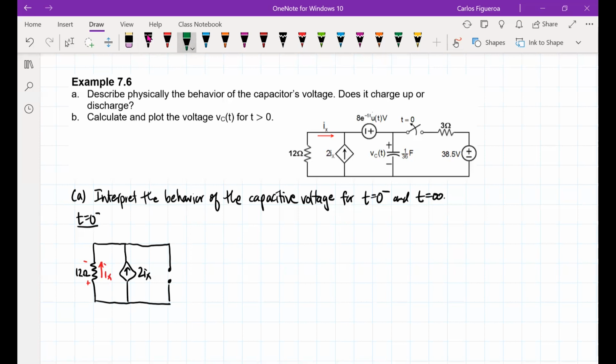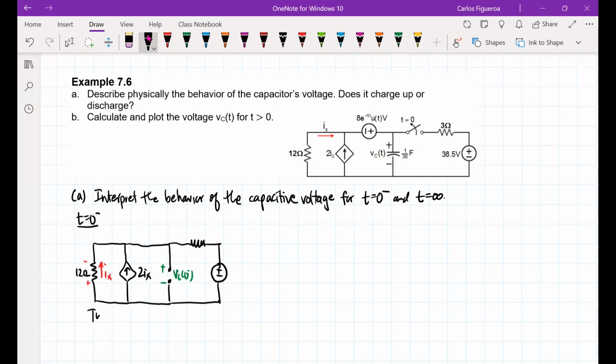So I know that this is Vc of 0 minus. And I have a resistor here, and I have my source right here. The way I look at it, there are two sources feeding the capacitor. There's the 2ix, and then there's the 38.5 volt source.